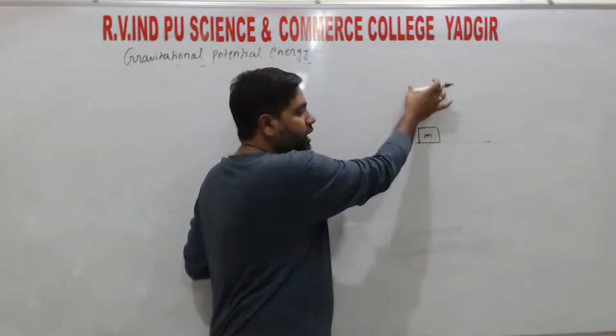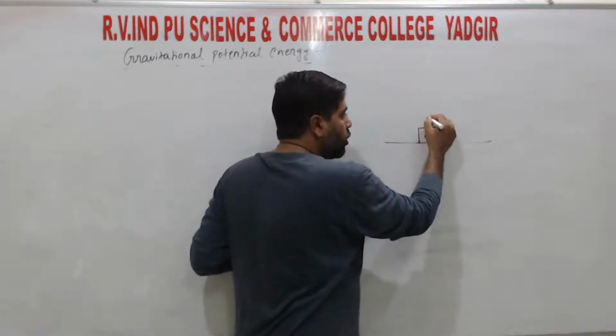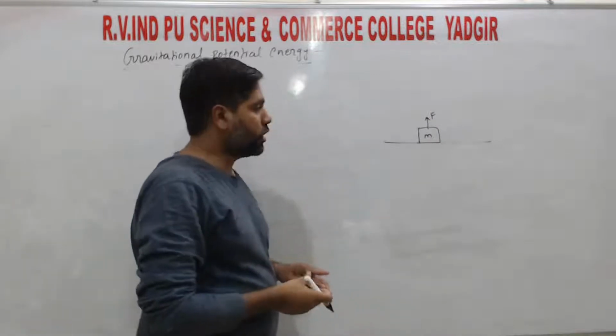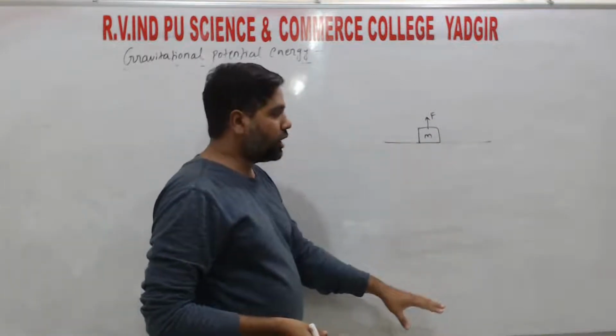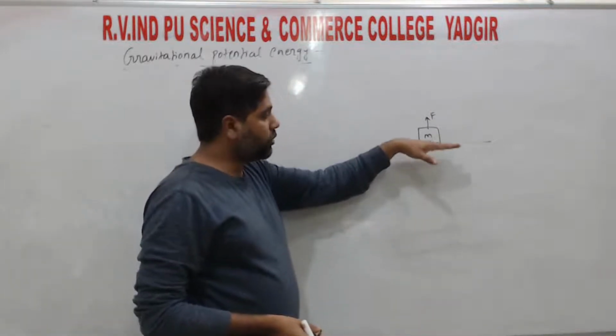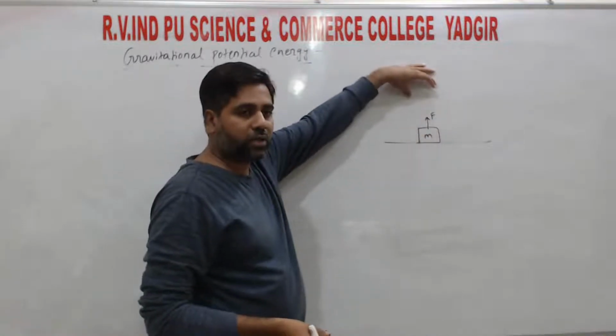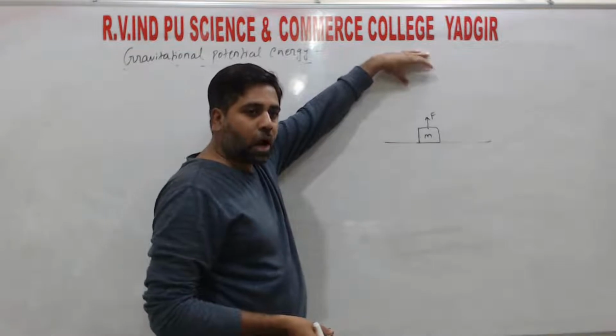To lift this object upward, we need to apply some force, right? If an object is on the ground and we want to bring it up, we need to apply the force. When we apply the force, we are lifting this object, that means the object will move upwards.